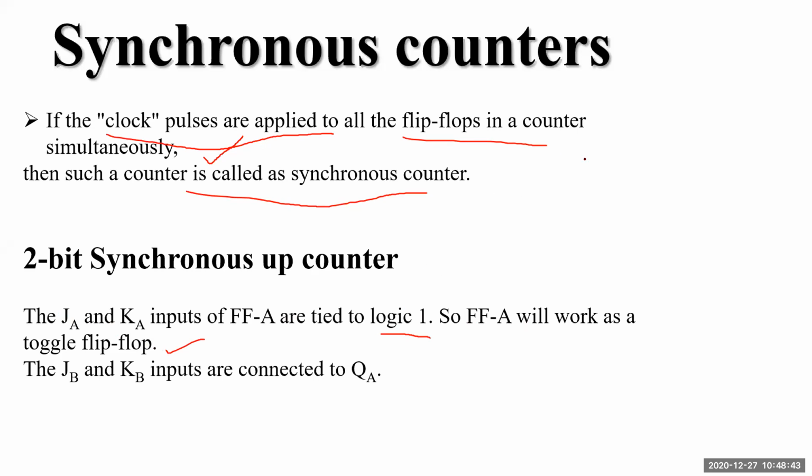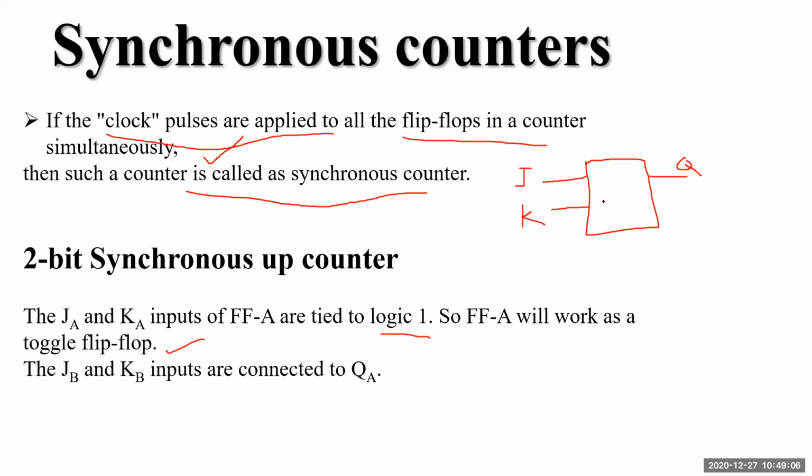Now, if I'm drawing here the JK flip-flop, this is my output Q, and these are my two inputs J and K. I'm not talking about the clock or anything else. I'm making you understand how to convert a JK to T flip-flop.